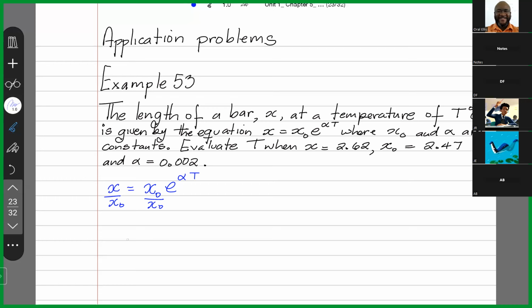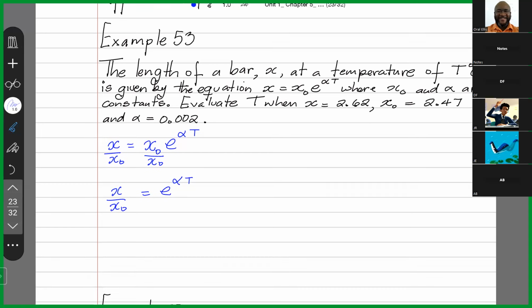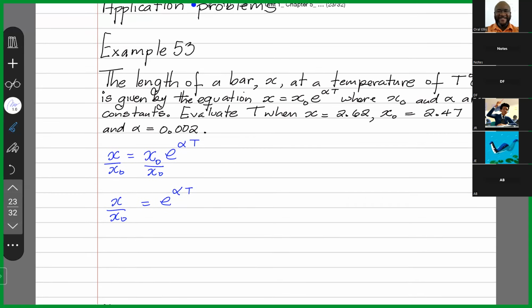So now I have X over X naught is equal to e to the alpha T. Now, if I take log to the base e of both sides, which is ln, so ln X over X naught is equal to alpha T ln e.